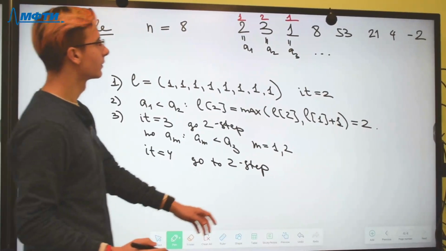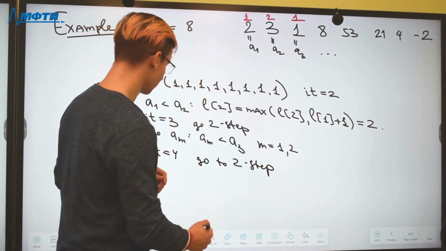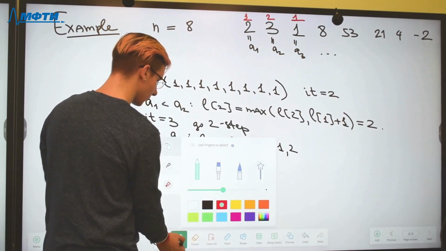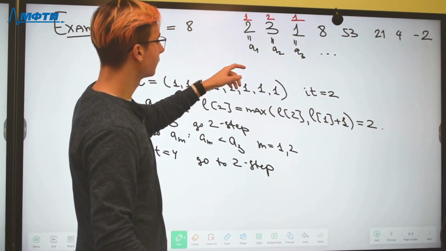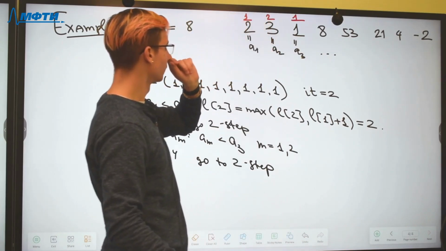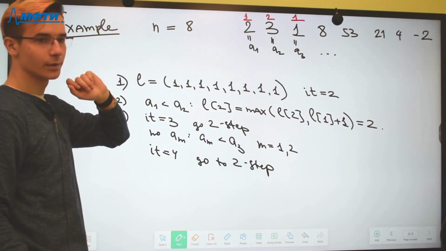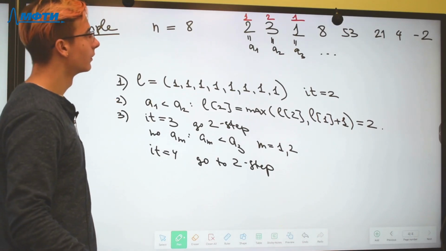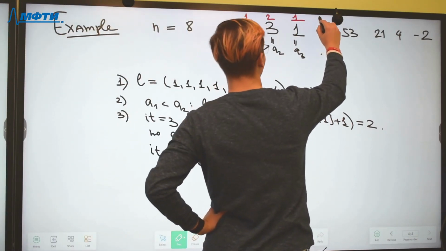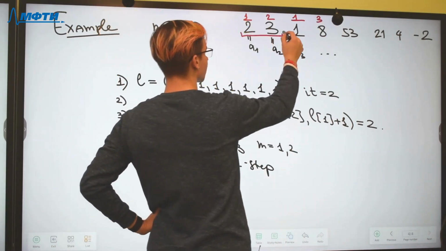So what is L for 4? It's equal to 3, because we can find this subsequence.